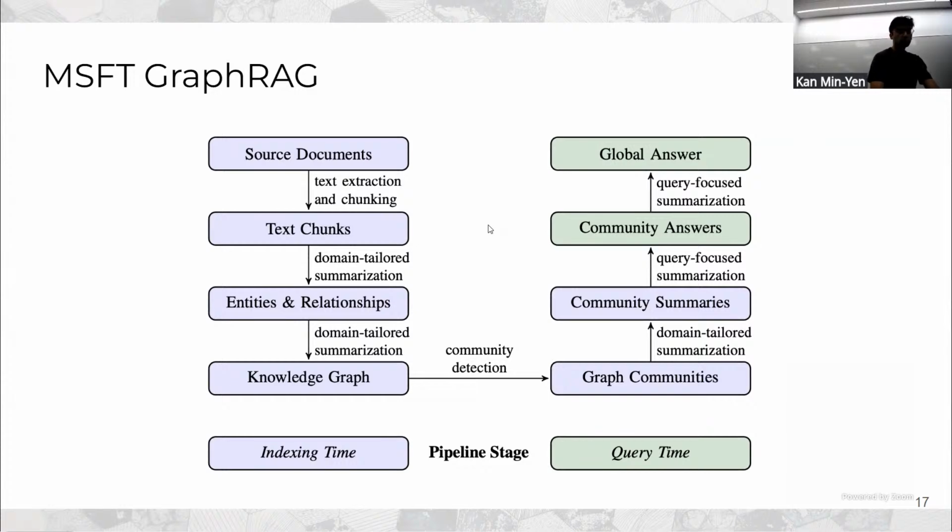Then you have the knowledge graph, which you partition into communities. And then you get the community summaries and attach them to the graph. Finally, when you need to work on it with your query, you grab the related paths and then give the answer.